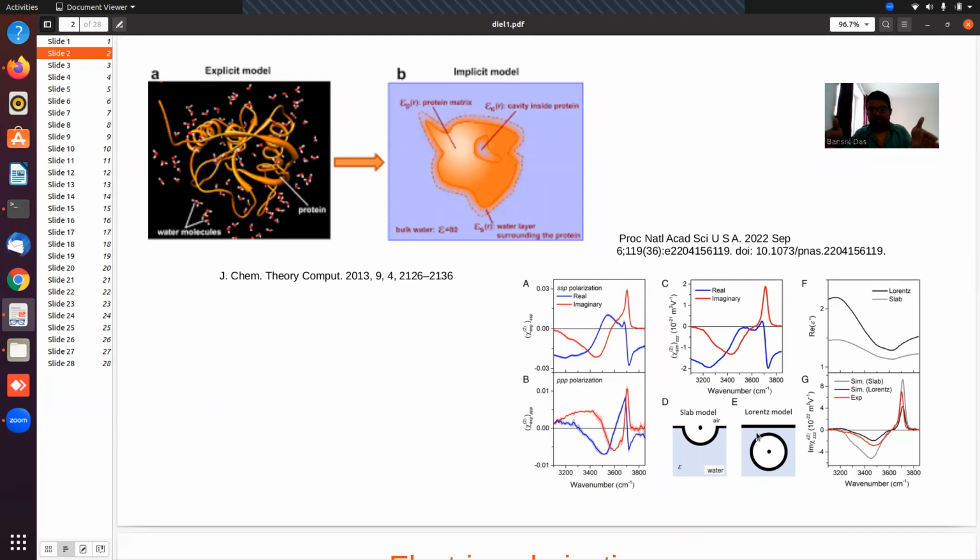You have an external electric field, and due to the dielectric material there is an induced effect. What this induced effect is, is a molecular property. So if you get that induced effect, you can know about the molecule or vice versa. Okay, sir. Sorry, Banshi, you can continue.